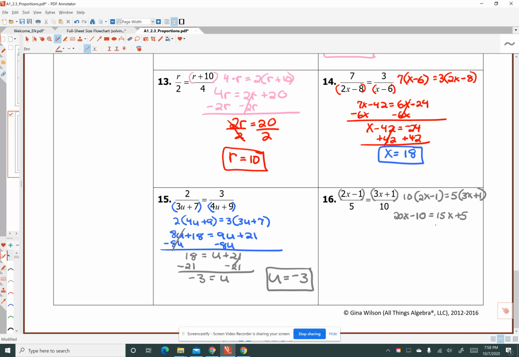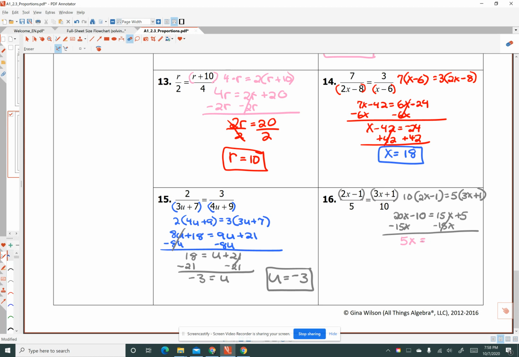And I'm going to go ahead and subtract 15x from each side. And that leaves us with, let's change a color. There we go. That leaves us with 5x equals, oops, I almost forgot my 10.